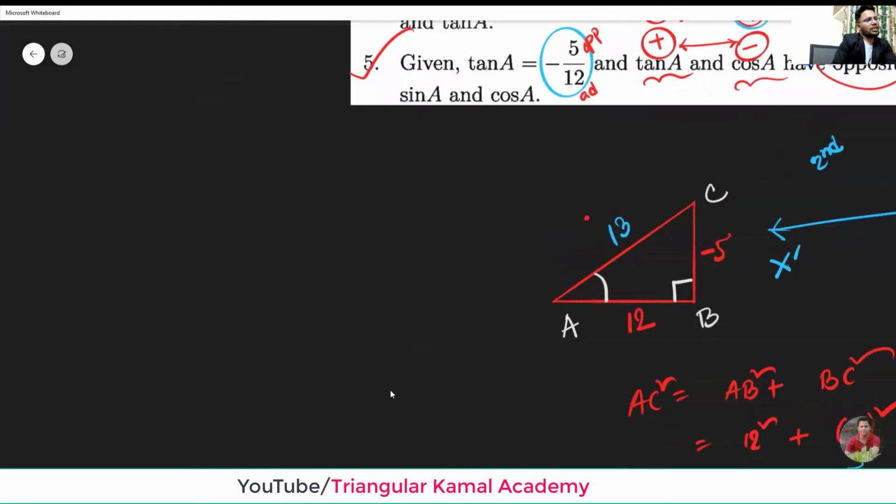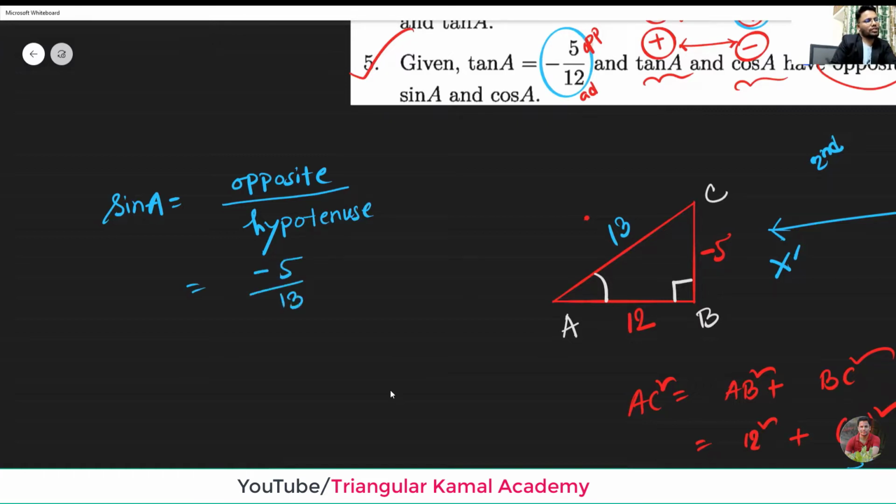Sin A is opposite by hypotenuse. Here opposite is minus 5, and hypotenuse is always positive, so this is one answer. Another answer is cos A. Cos A is adjacent by hypotenuse.